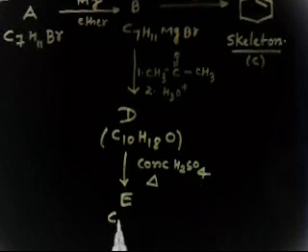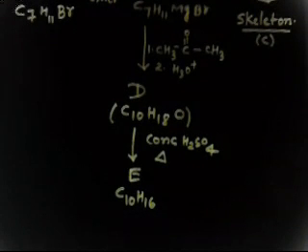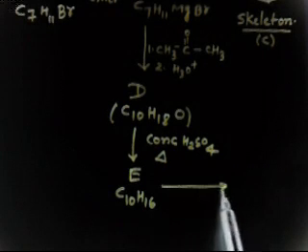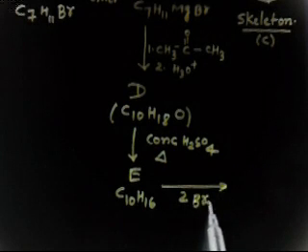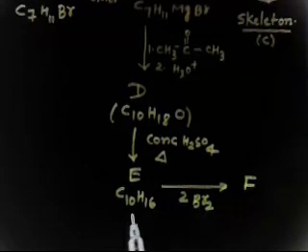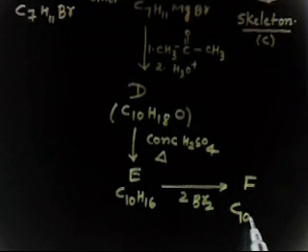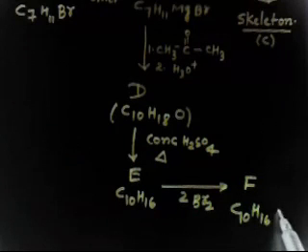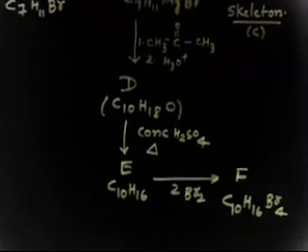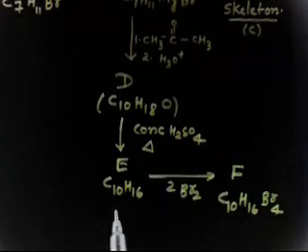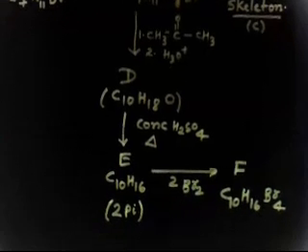E reacts with 2 equivalents of bromine to give F. F has a formula C10H16Br4, so there are 4 bromine attached. This suggests there should be 2 double bonds. Are you getting or not? So I have 2 pi bonds here.